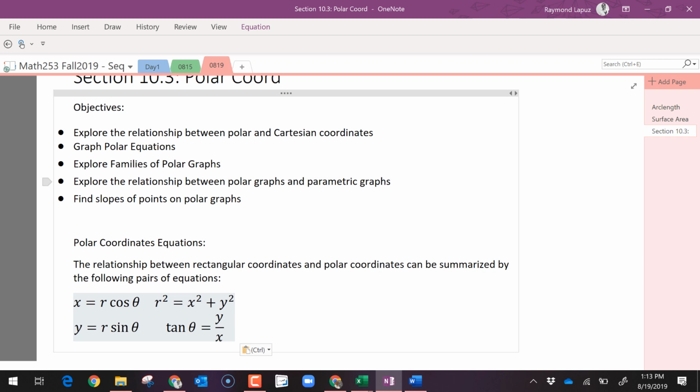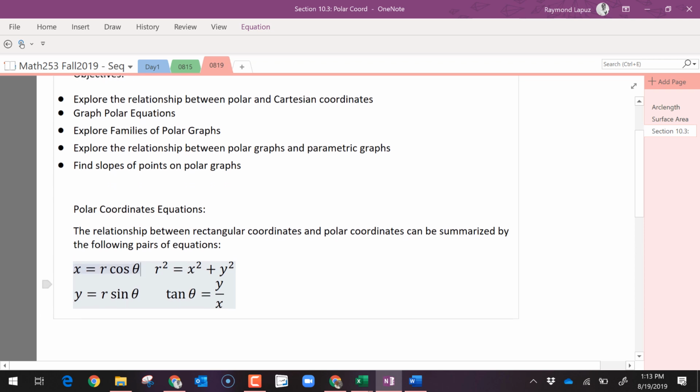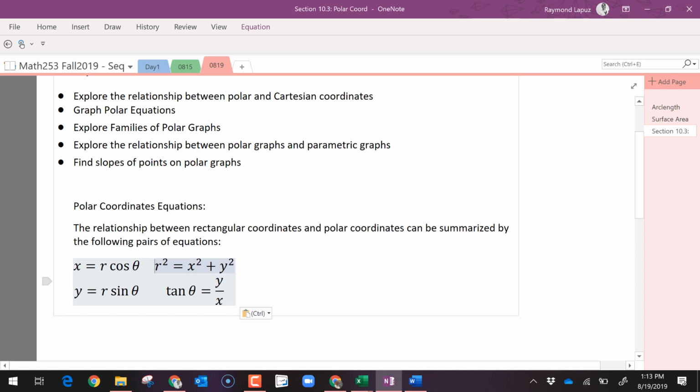The relationship between polar coordinates and Cartesian coordinates is actually two equations at a time we would look at. Let's push these over a little bit.